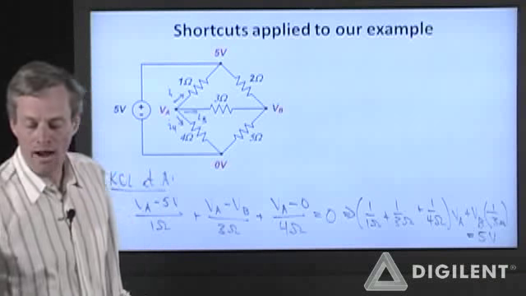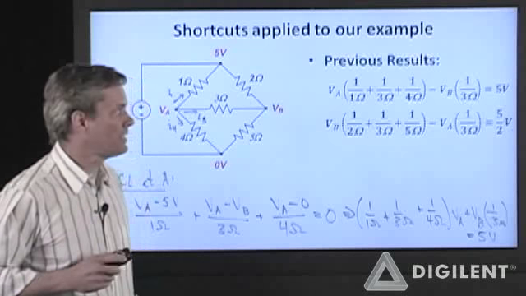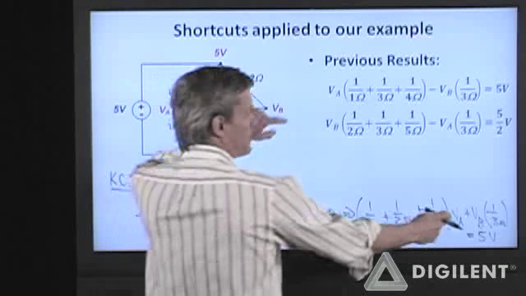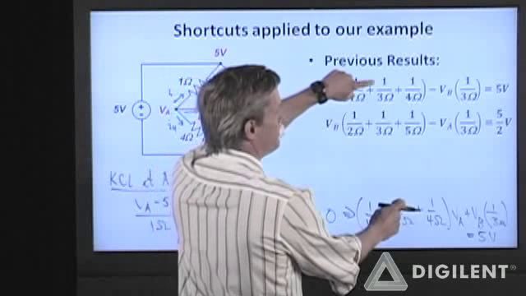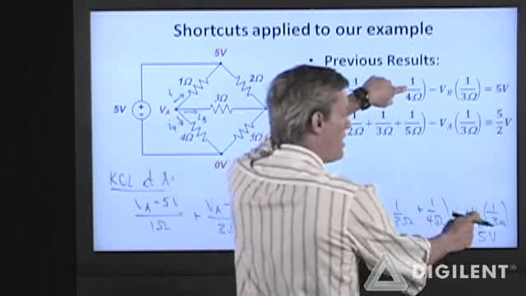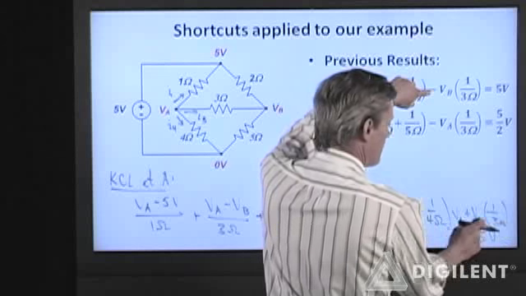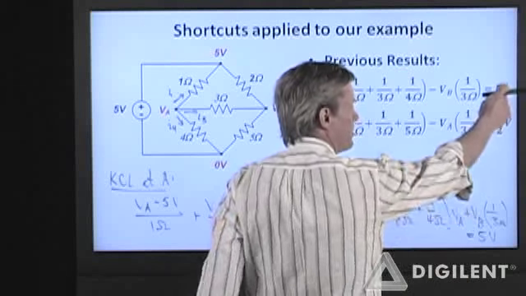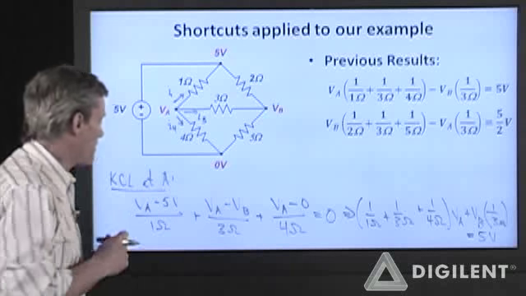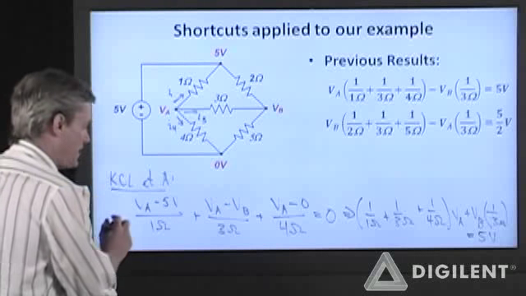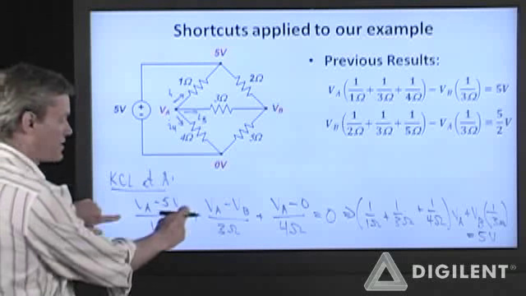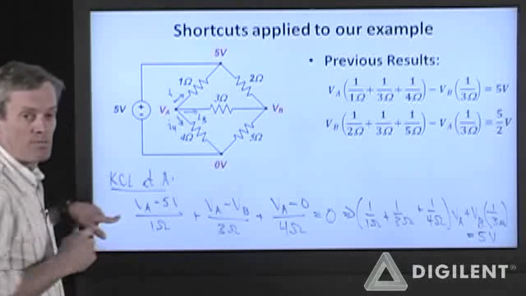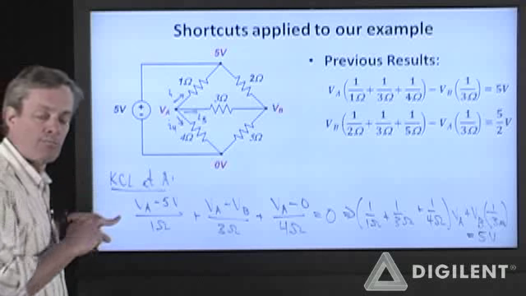Now, if I look at what I got previously, my equation for V sub A is the same as this one. V sub A times 1 over 1 plus 1 over 3 plus 1 over 4, minus V sub B times 1 over 3 ohms, is 5 volts. The minus sign that I originally had around this term here was offset by the fact that these two terms have swapped order now from what I did previously.